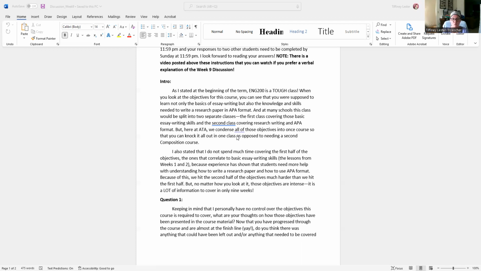Because of that, we hit the second half of those objectives much harder than the first half. But no matter how you look at it, those objectives are intense. It's a lot. There's a lot of information to cover in only 9 weeks.